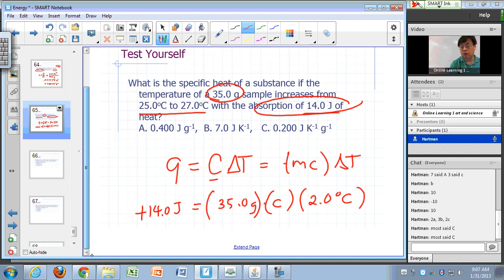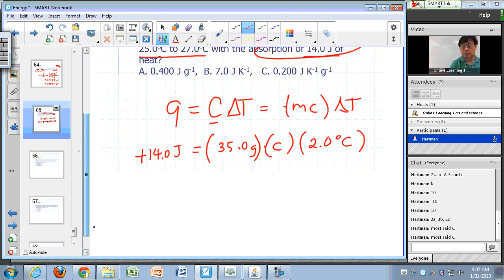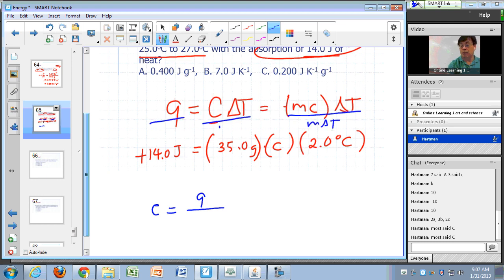How do we solve for our specific heat here? Specific heat is just equal to Q divided by mass times delta T, dividing both sides by mass times delta T, so those cancel.